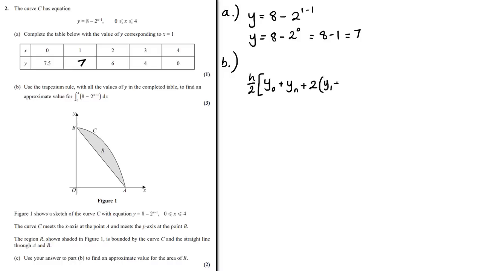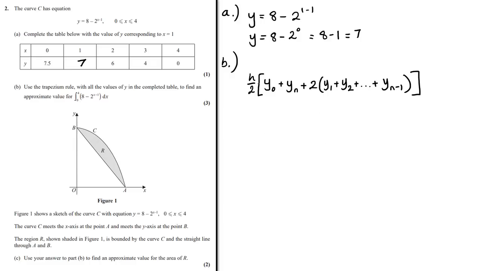So 2 lots of y1 plus y2, all the way up to the penultimate term, so all the way up to yn minus 1. Like I said, you might see this yn at the end, so it might be y0 plus 2 lots of everything else plus yn. I just like to put them at the beginning, just to keep them separated. So that's the formula we need for the trapezium rule.